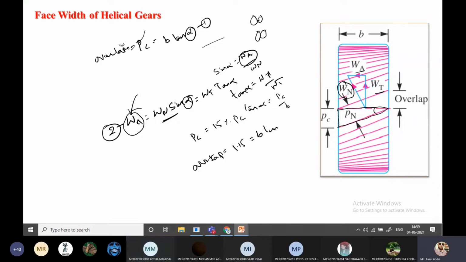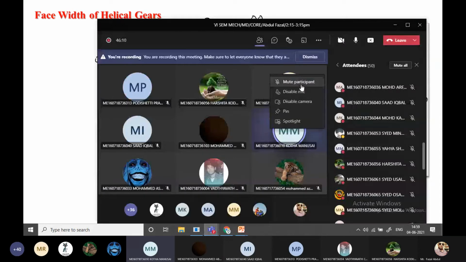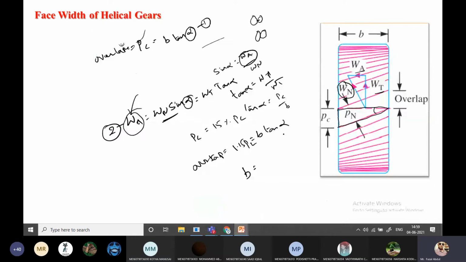1.15 equal B tan alpha. So now with this, the face width of the single helical gear is 1.15 PC by tan alpha, where alpha is the helix angle and PC is the circular pitch, that is, I am writing the PC value here, maybe pi m or maybe pi d by t.